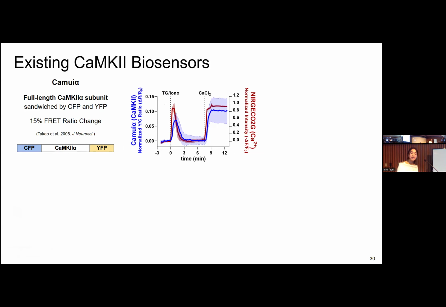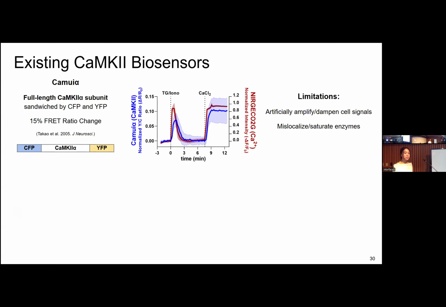And because of CAMK2's calcium-dependent activity, we expect the CAMK2 biosensor to closely follow the calcium biosensor trace, which I'll usually show on the right y-axis, compared to the CAMK2 biosensor trace, which I'll usually show on the left y-axis.